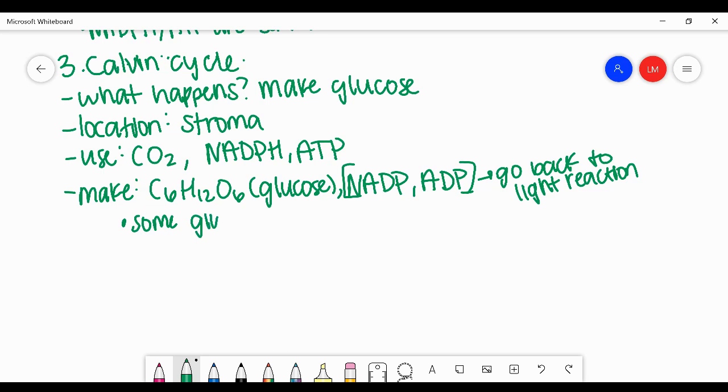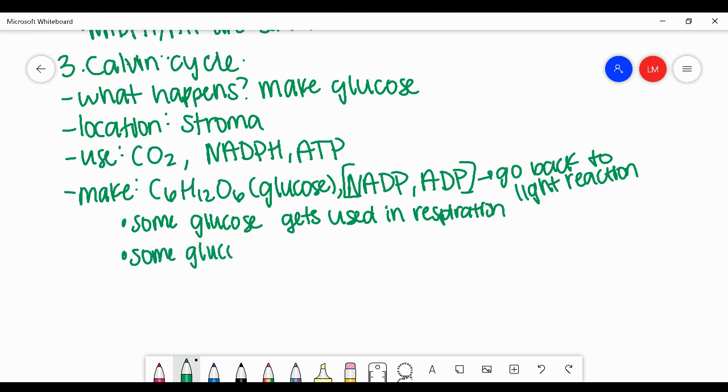Some glucose gets used in respiration, which again we'll talk about next time, and some glucose gets used for cell structures.